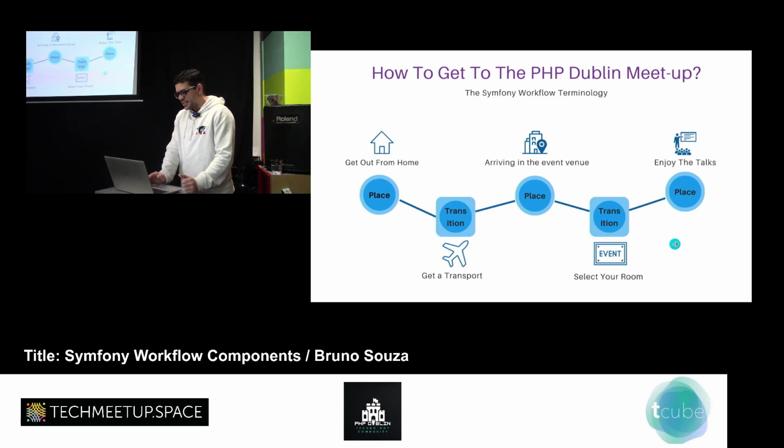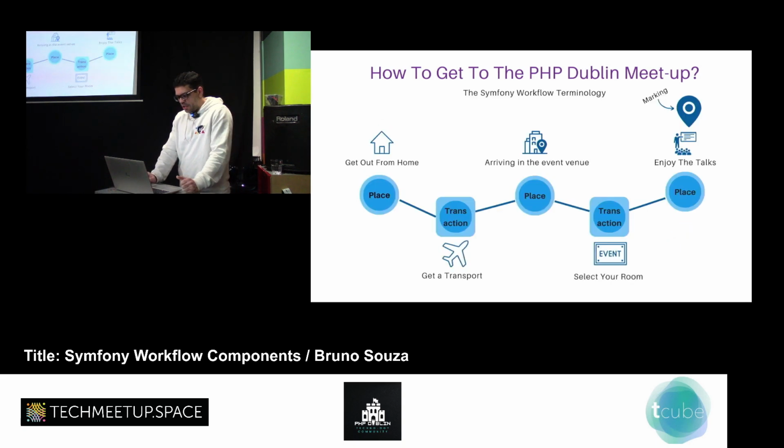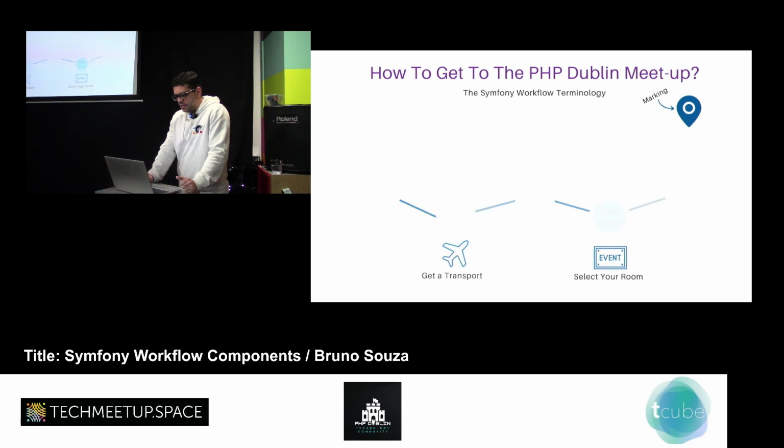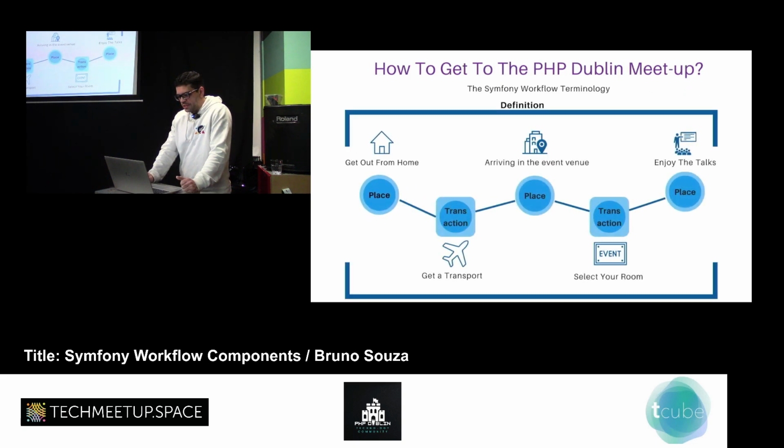And then you go to the place. Then you have the marking here, if you look on the right corner, which means the place where you are now, so just a pointer. And you have the definition, which is all of these, like all the set.